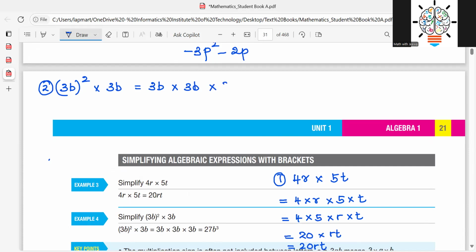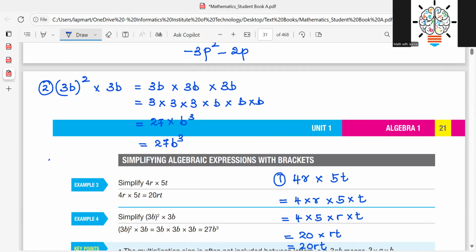And then you write this 3b, and here you have 3 times 3 times 3 times b times b times b. The answer is 27 times b cubed, and your final answer is 27b cubed.